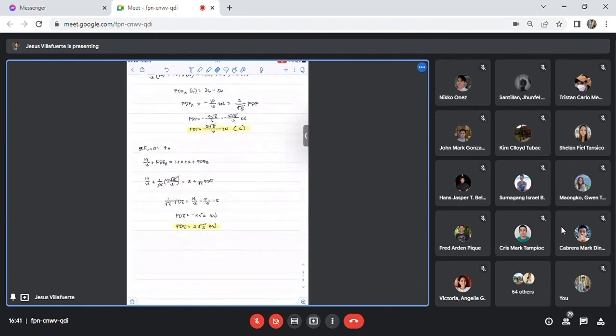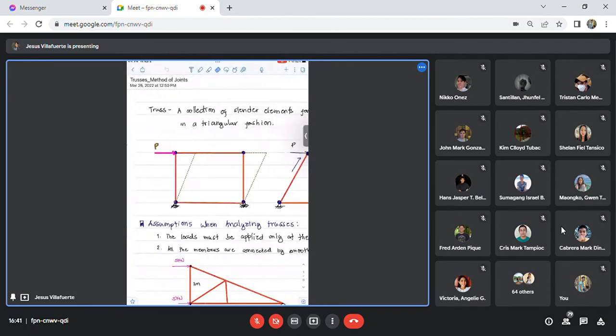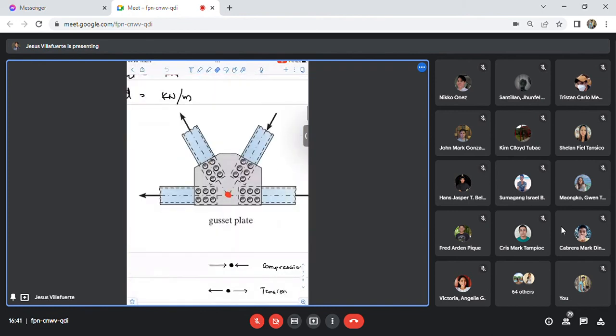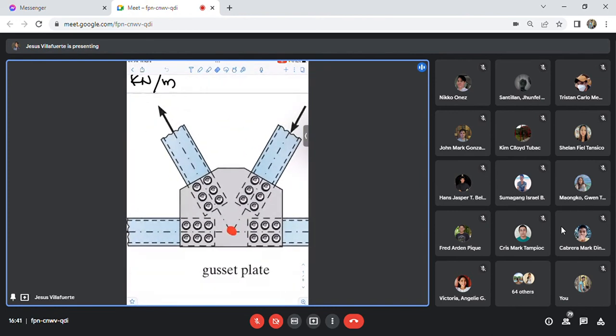Like in my discussion last time on the truss using the method of joints. So these are what you call the bolts, or these are what you call the rivets.